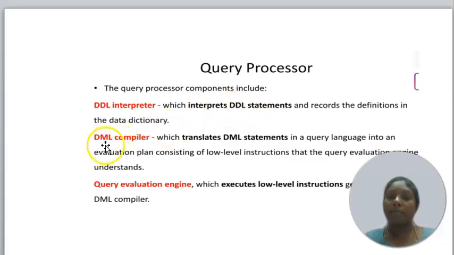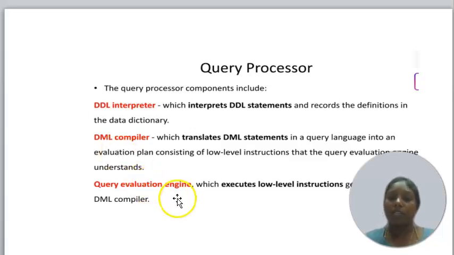Then the data manipulation language DML compiler translates the statements in the query language into an evaluation plan consisting of low-level instructions that the query evaluation engine can understand. The interpreter interprets the different types of queries. The compiler is a translator of the queries so that the system can understand and retrieve the particular data.